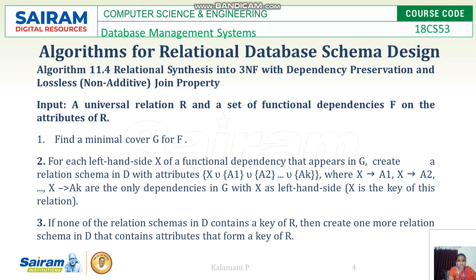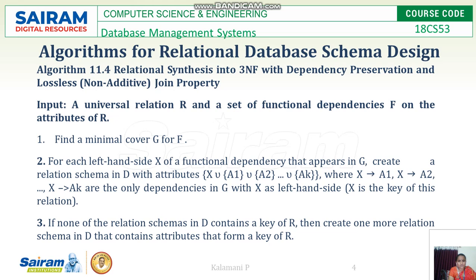The input for this algorithm is the same: the universal relation R with functional dependencies F and the attribute set of R. The first step is the same, find a minimal cover G for F. The second step is the same: for each left hand side X of a functional dependency that appears in G, create a relation schema D with the attributes X union A1 union A2 etc., AK, where X defines A1, X defines A2, etc., X defines AK are the only dependencies in G with X as left hand side. So this is the second step.